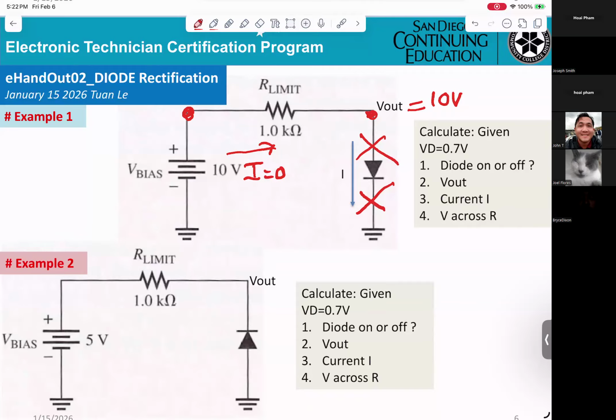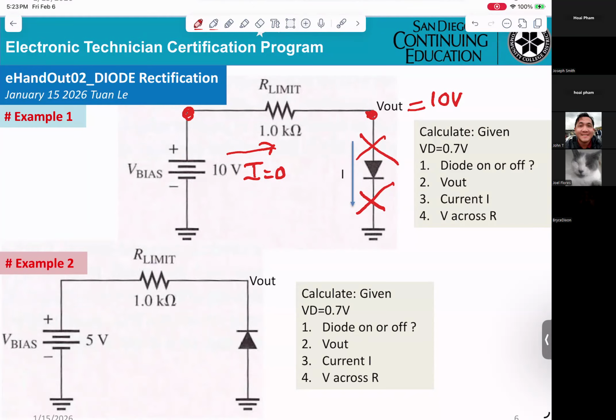Make sure if you get any question, just bring it up. I can help you out. In order to solve the diode problem, that is the first thing you have to do. If we have no diode there, what does V out equal? If no diode there, that means the circuit is open.